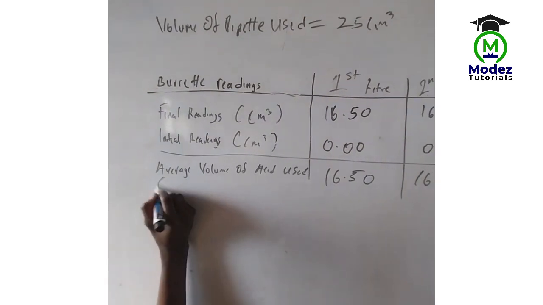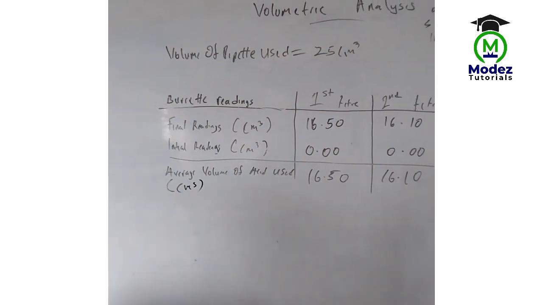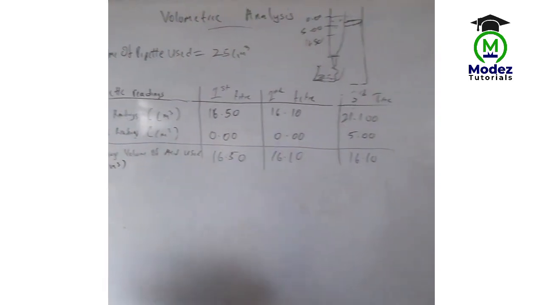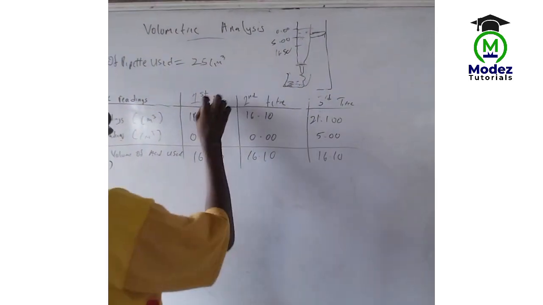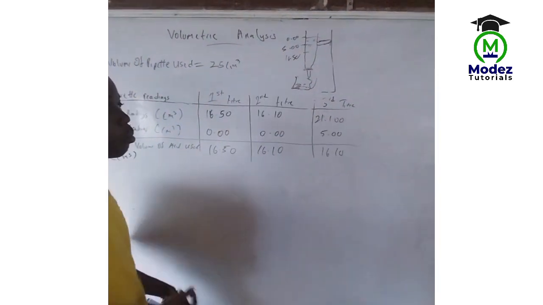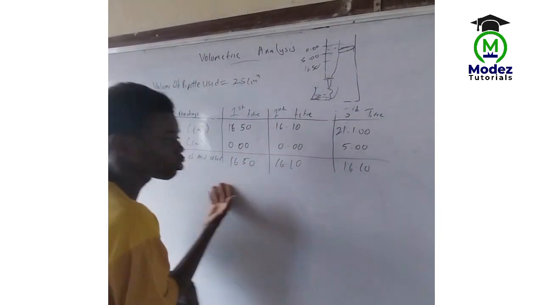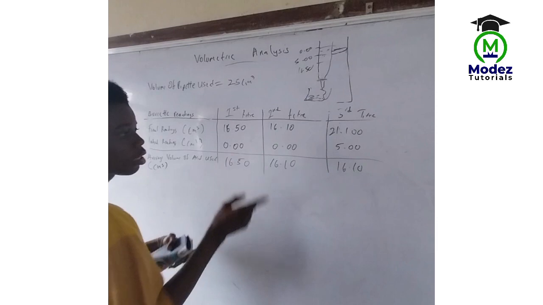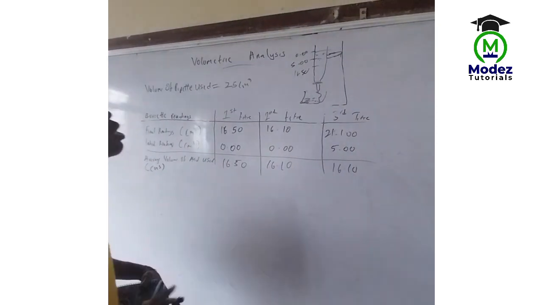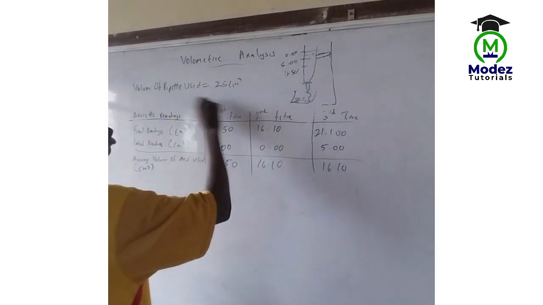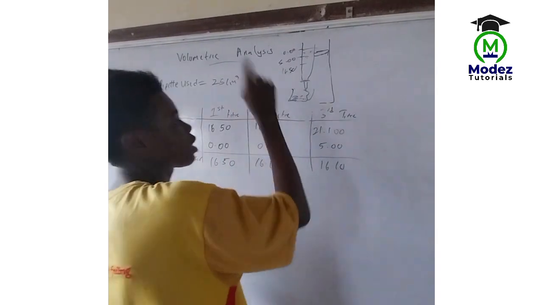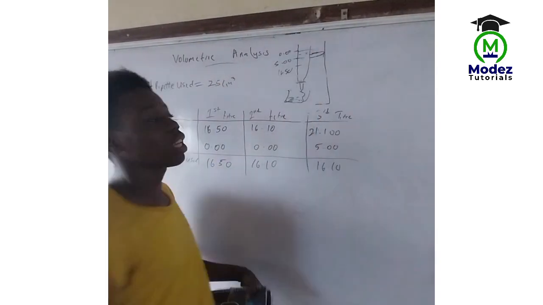Then the average volume of acid must also be in cm3. And here you can put this one as rough titer, because as you can see, the values are not concordant and you cannot use all these 3 values. Don't worry, in the solution I'll explain more about that. So you use the rough titer value here, then you put the first titer value here, then the second titer.